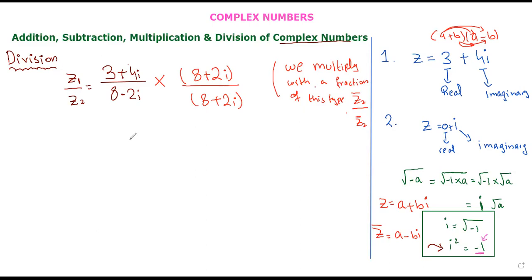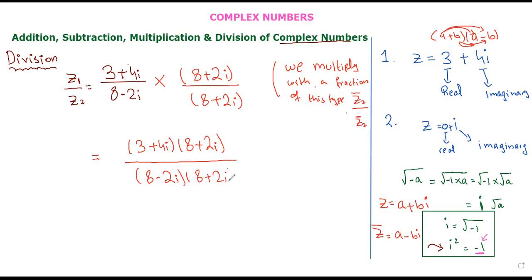It is 3 plus 4 iota into 8 plus 2 iota divided by 8 minus 2 iota and 8 plus 2 iota. Now, do you find something over here? Can you see a minus b into a plus b? So we get a square minus b square.